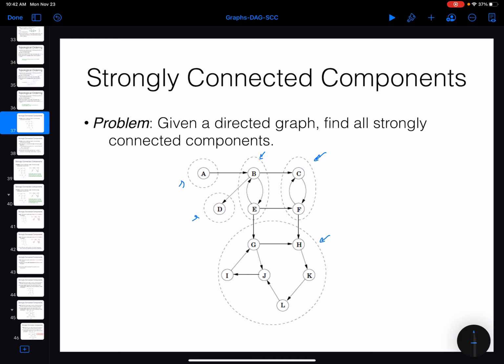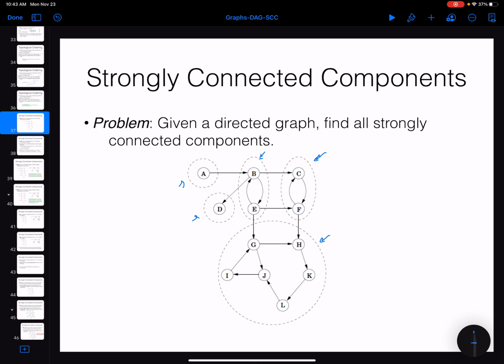How to solve this problem? The first algorithm that comes to mind is using a modified version of the algorithm to check if the whole graph is strongly connected.